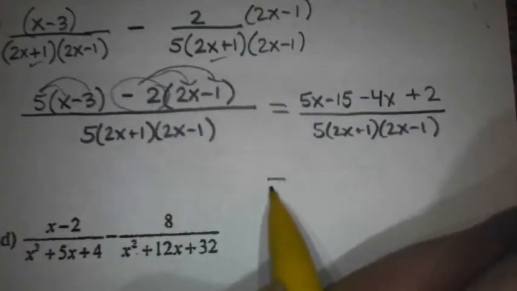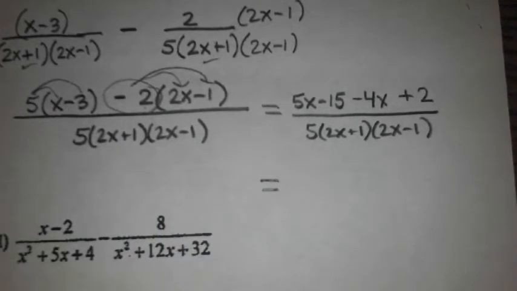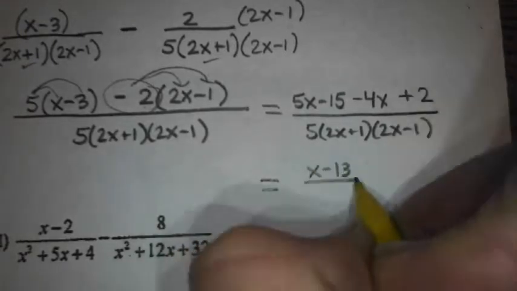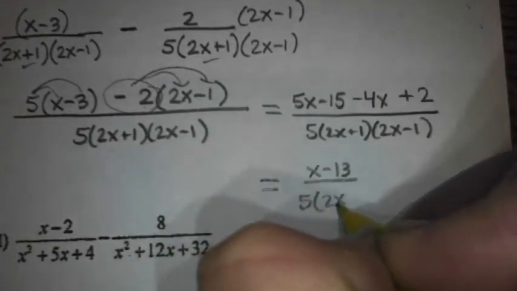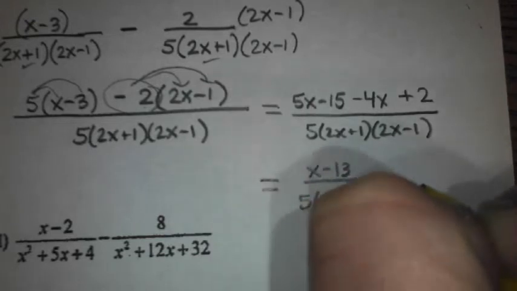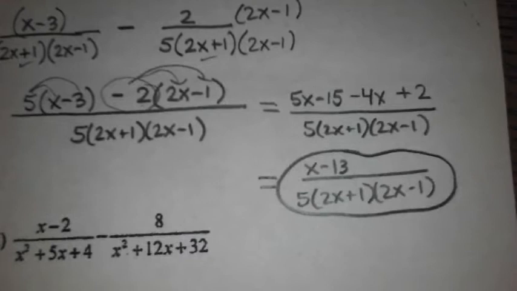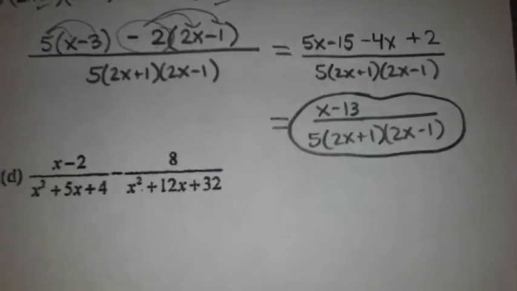And then when I finally combine like terms, my numerator is what, Nate? x minus 13 over that same common denominator that's been following me through the whole problem. And x minus 13 can't be factored. There's nothing else that can be reduced. Good?